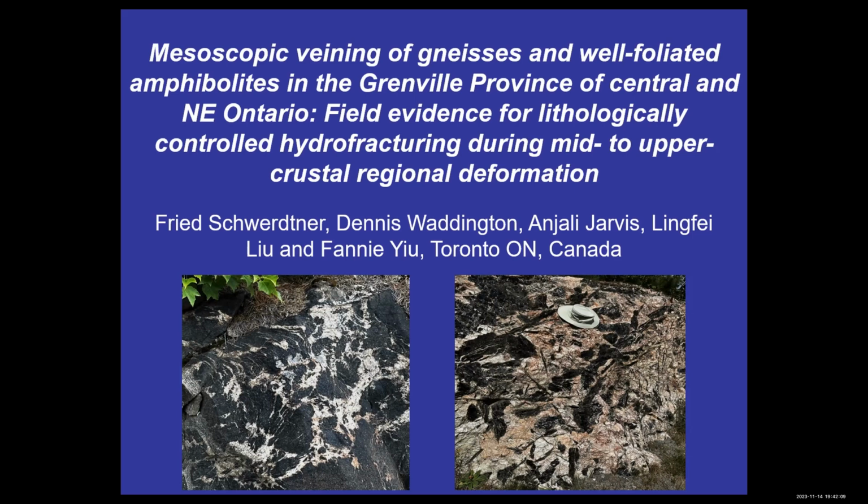So the emphasis here is on irregular or chaotic veining. You have 2 examples here: quartz feldspar veins or other feldspathic veins, and here we have biotite veins. This is in the Grenville Province tectonic zone. This one is a bit higher up, away from the Grenville Province tectonic zone, but not too far.